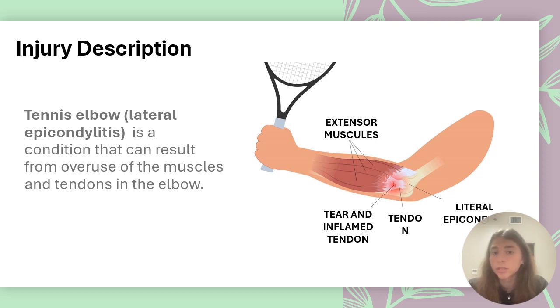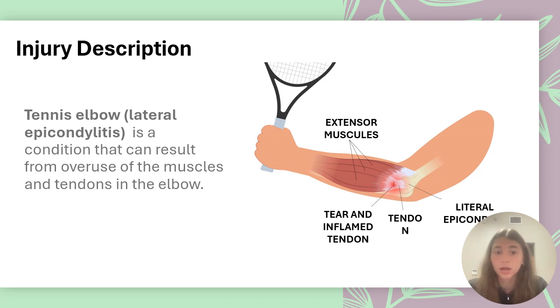So in summary, tennis elbow is a condition that can result from overuse of the muscles and tendons in the elbow. Here on the slide, the picture shows a medical vector illustration of tennis elbow. The extensor muscle of the wrist attaches to the lateral epicondyle, a bony sulcus on the outside of the elbow.